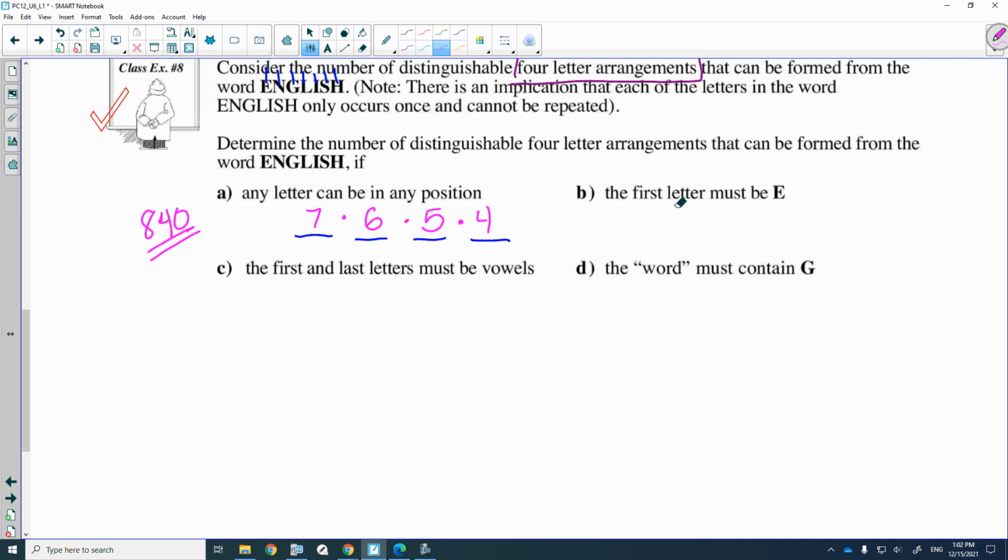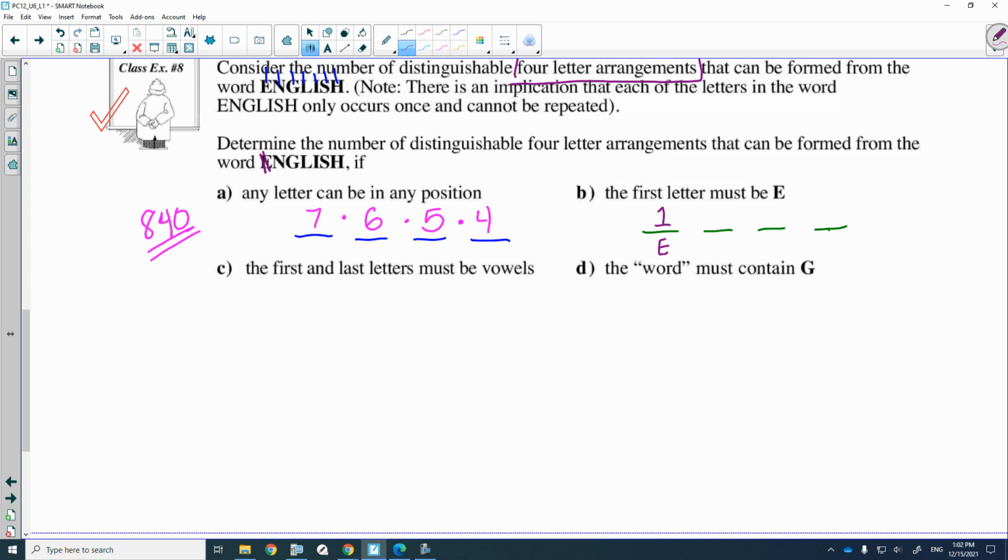Here's going to be a restriction. So you do the restriction, remember, first. It's still going to be the 4-letter word. The restriction is the first letter must be E. So you say, okay, this guy has to be an E. You look at the word English. How many E's are there? There's 1 E. So that's my only choice. I got to put that 1 E there.